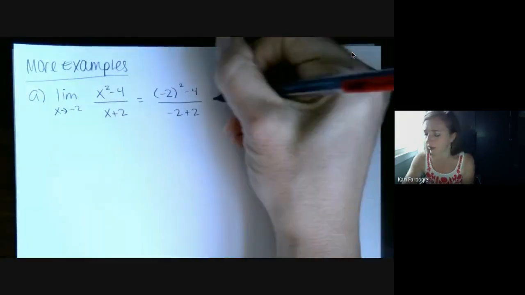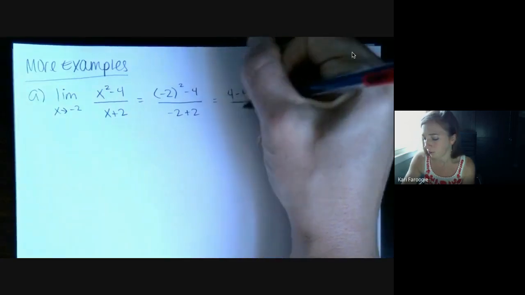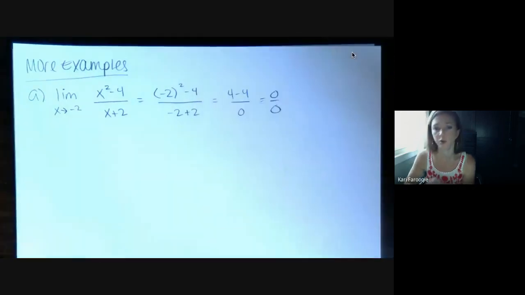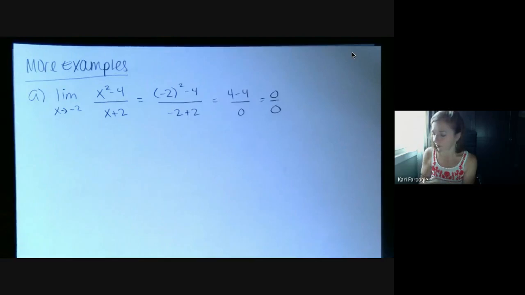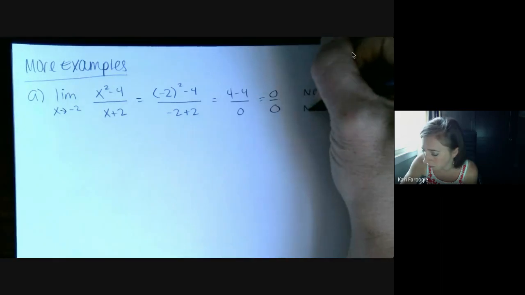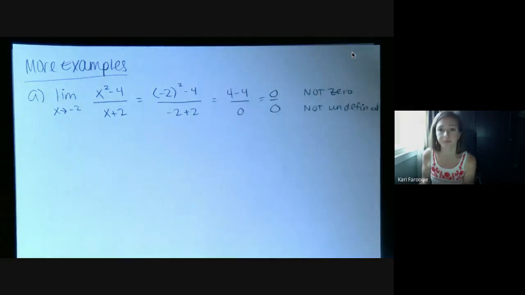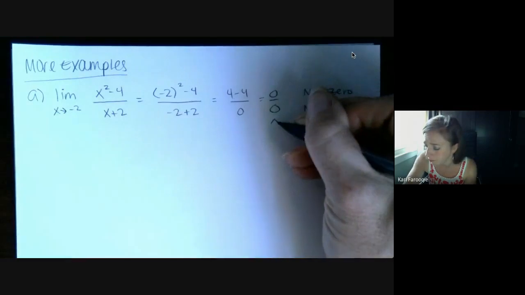So there's that. Okay, so -2 times -2 is +4. And you end up getting this quantity 0 over 0. I really want to note to you here that 0 over 0 is not 0, and it's not undefined. 0 over 0 is an indeterminate form.